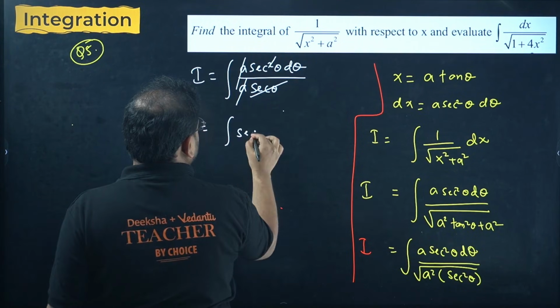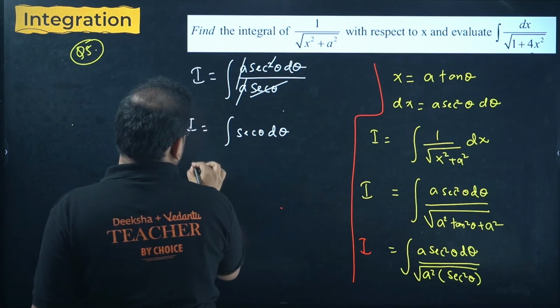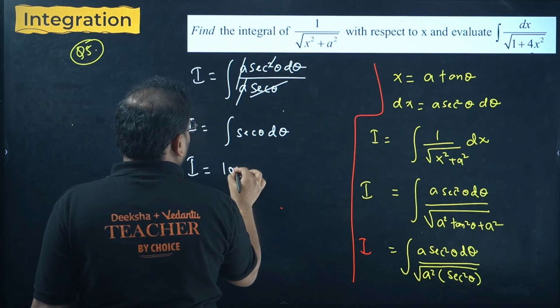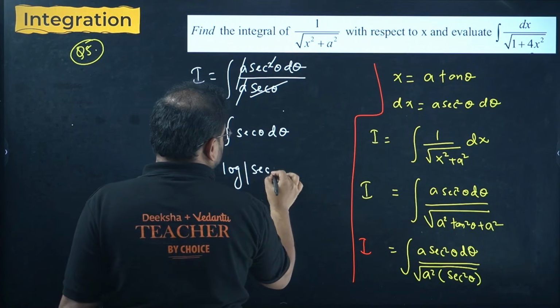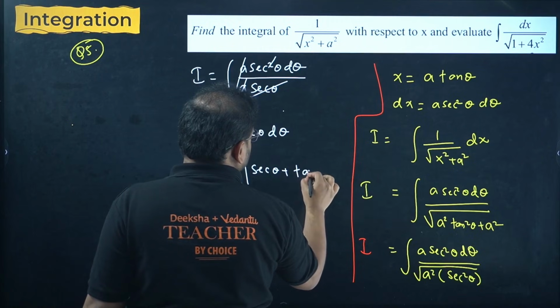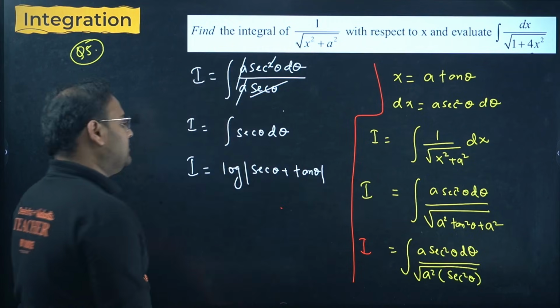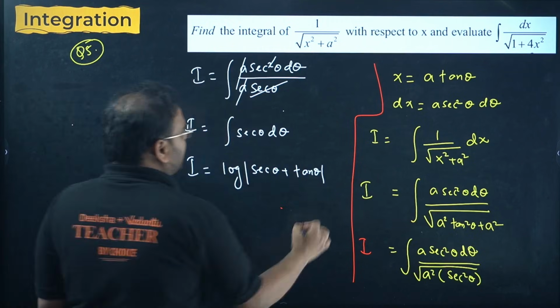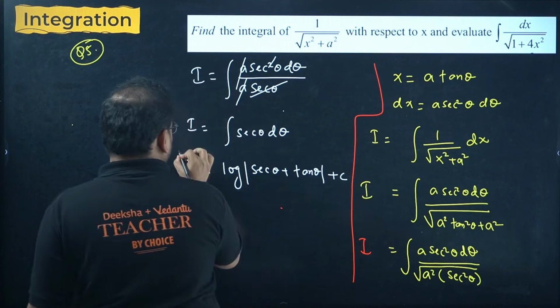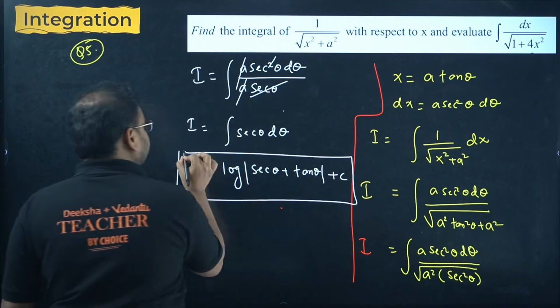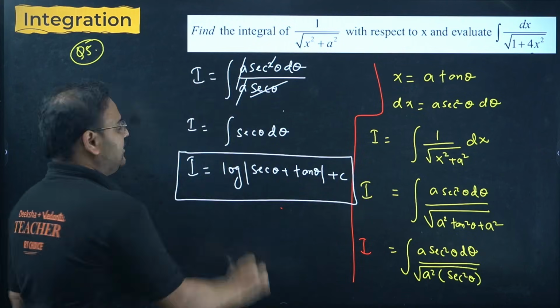Integration of secant theta d theta is, you should know the formula, log of secant theta plus tan theta, and of course plus c will be there, the constant of integration.